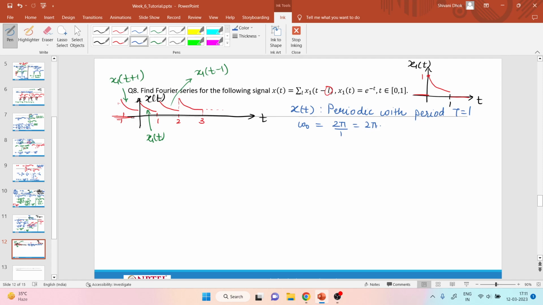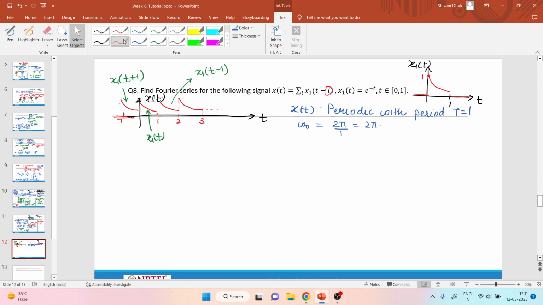Yeah. Okay, this looks interesting. That means we can express periodic functions using that notation, x(t) equal to the sum over l of x1(t minus l), right? Yes. It could be any x1. If I consider this x1, here I am taking the period as 1.